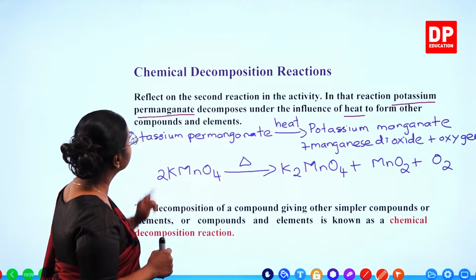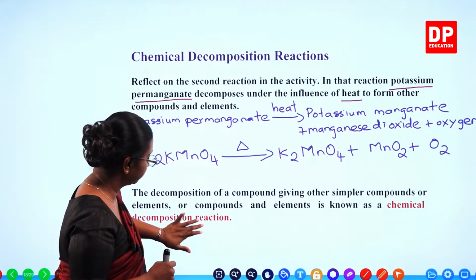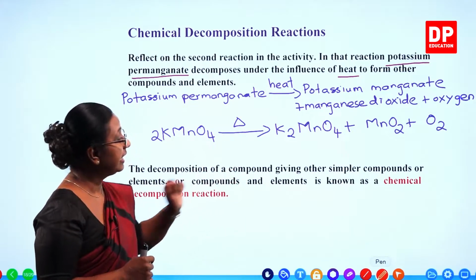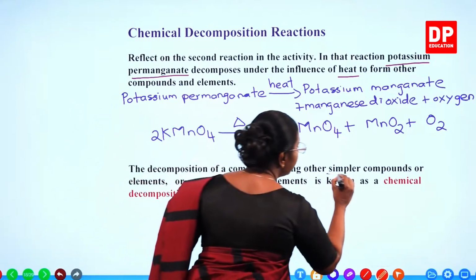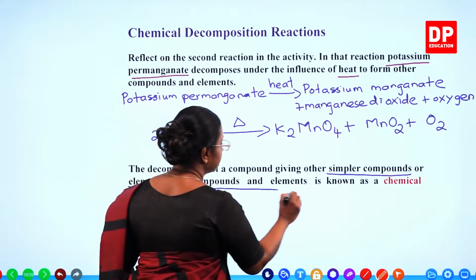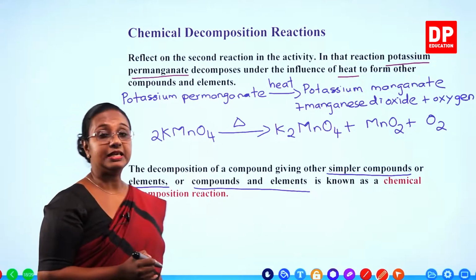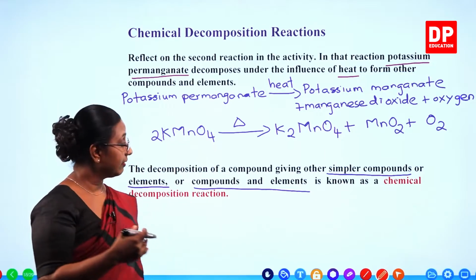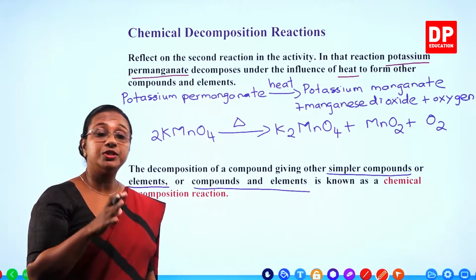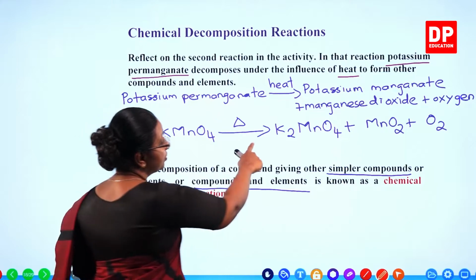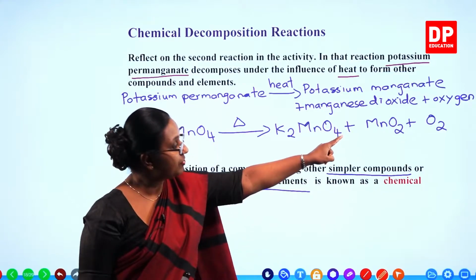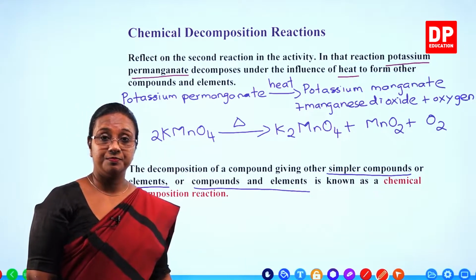So, if we look at a chemical decomposition reaction, the decomposition of a compound giving other simpler compounds or elements or compounds and elements is known as a chemical decomposition reaction. So, it can give rise to simpler compounds only or simpler elements or both elements and compounds. So, this type is the third one, compounds and elements. You have 2 compounds and 1 element produced there.